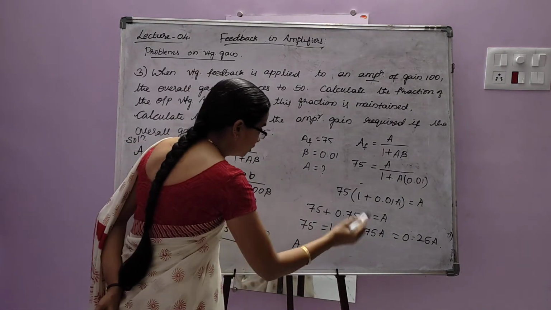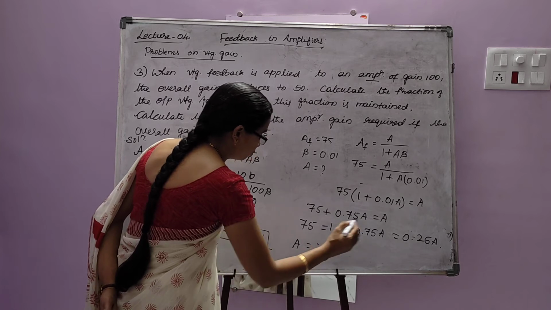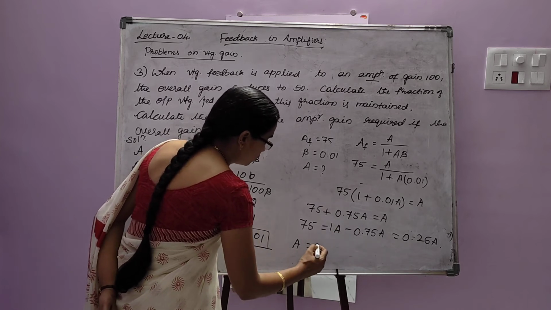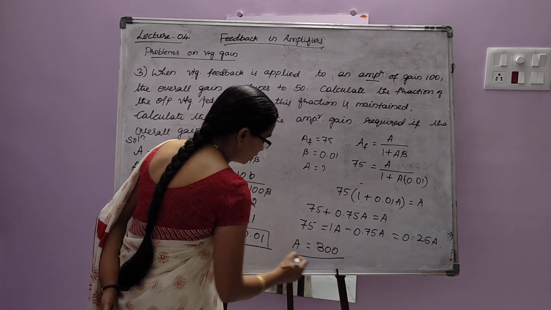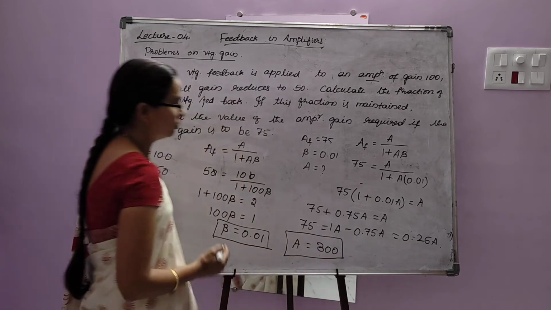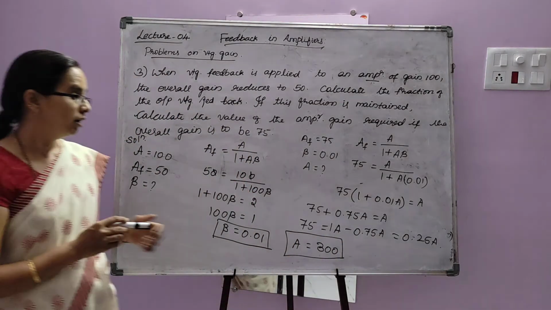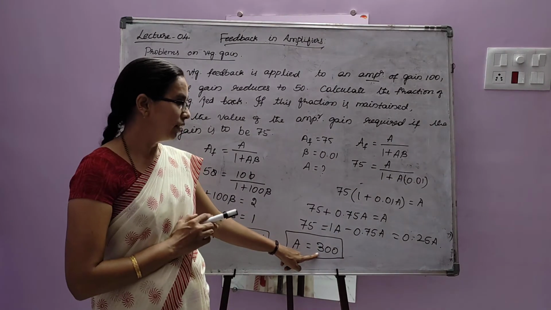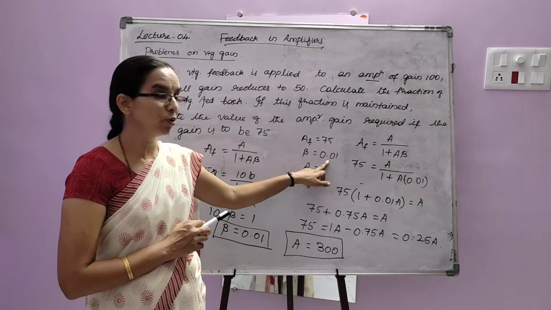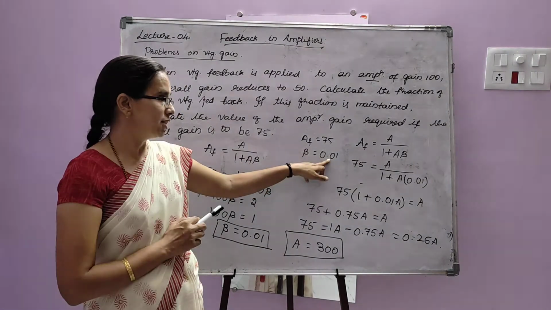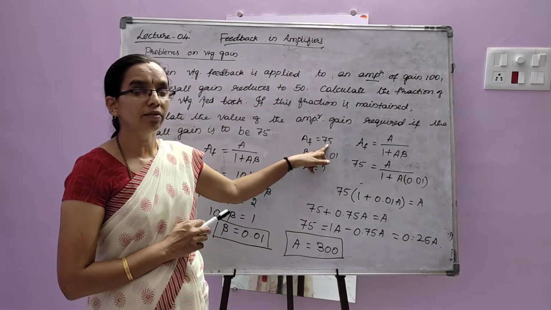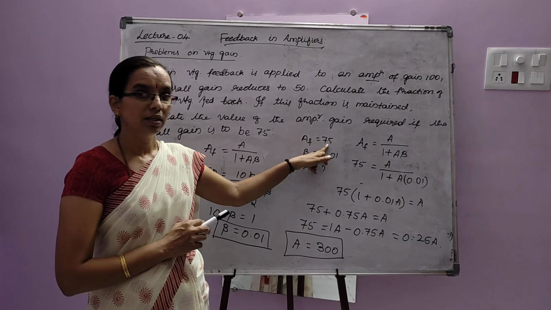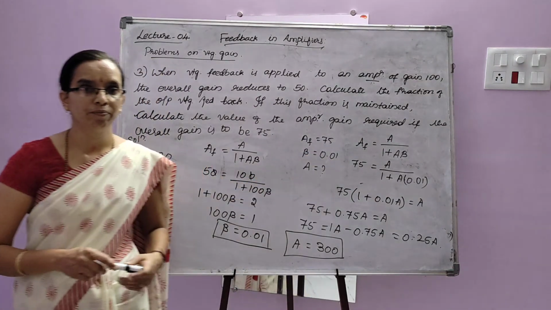It will be 300. The gain without feedback, that means the basic amplifier gain, should be 300. Then with the feedback fraction of 0.01, we can achieve the gain with feedback of 75. Okay.